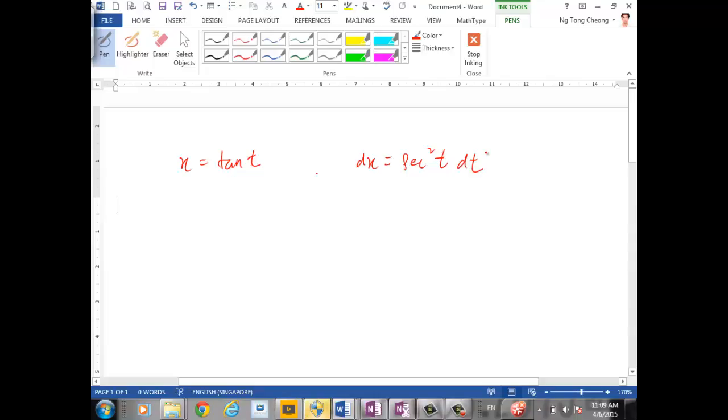Okay, then you look at your integral. Okay, so your aim is to rewrite everything in terms of t, make sure you write everything in terms of t. So x is tangent t, so just replace accordingly.